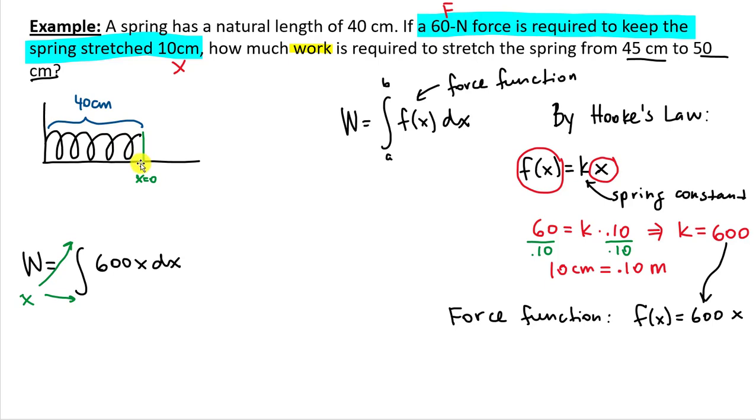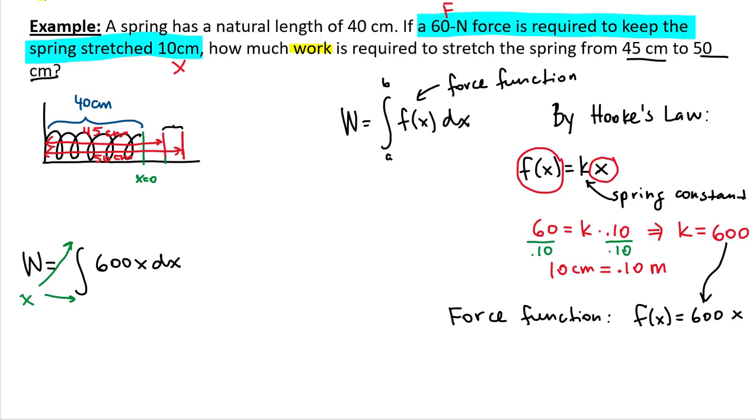How about 45 and 50? Let's say 45 is this far, and 50 is this far. In other words, we're trying to find the work needed to stretch the spring this distance, and we will find it using the integral.